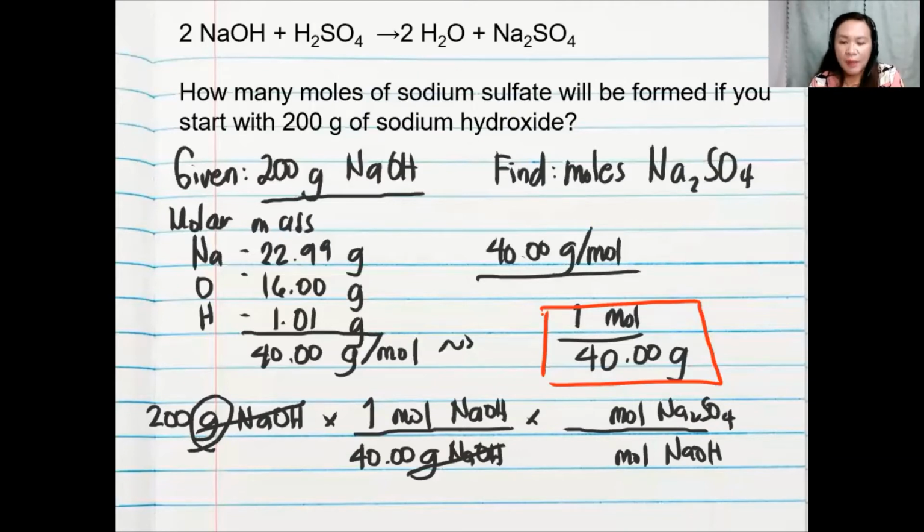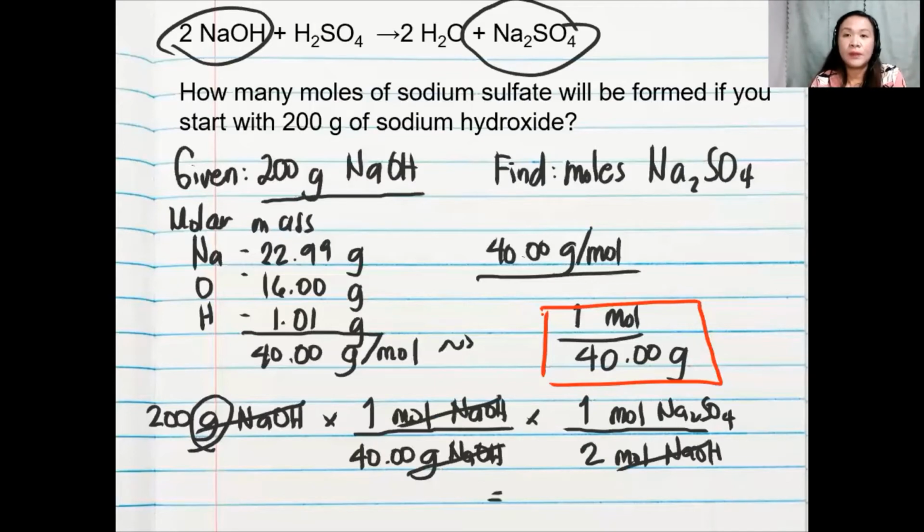We get it from the balanced chemical equation. For sodium sulfate, we have only one. And for sodium hydroxide, we have two. Okay? So this and this will now cancel. And so for this problem, what we have is 2.5 moles of sodium sulfate.